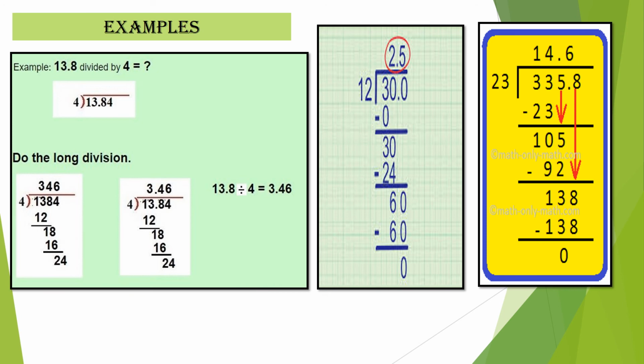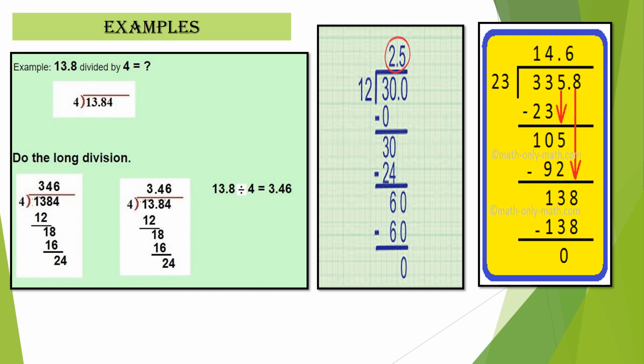Take this 0 down, and 12 fives are 60. Now on dividing you get 25, but remember children, you have to see the decimal place. In the dividend the decimal is after 1 place, so in the quotient also the decimal will be after 1 place from the back, so it will be 2.5.